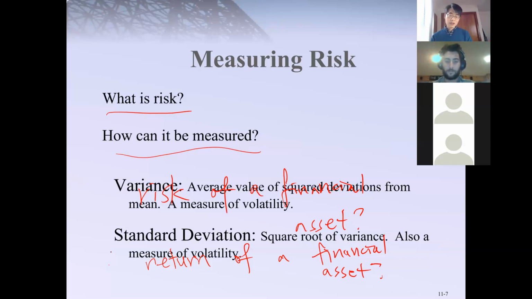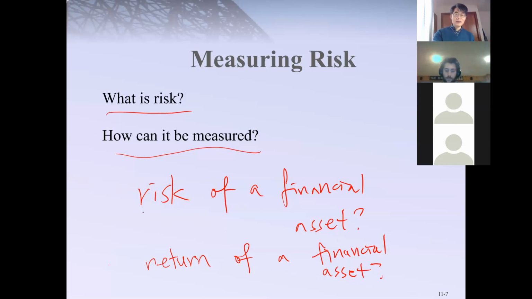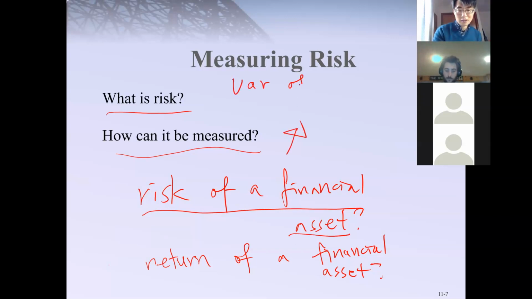So that's how we calculate the risk. And standard deviation is simply the square root of the variance. Okay, so going back, the risk of a financial asset is the variance of the rate of return.